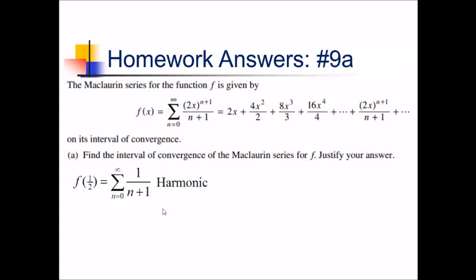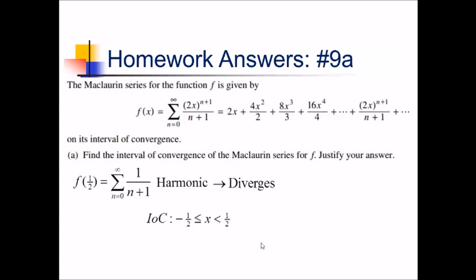This is actually the harmonic series. It just isn't as obvious as if I wrote 1 over n. So that means that this is automatically going to diverge. So we converged at negative 1/2, diverged at positive 1/2. Our final interval of convergence then is going to be negative 1/2 less than or equal to x less than 1/2.